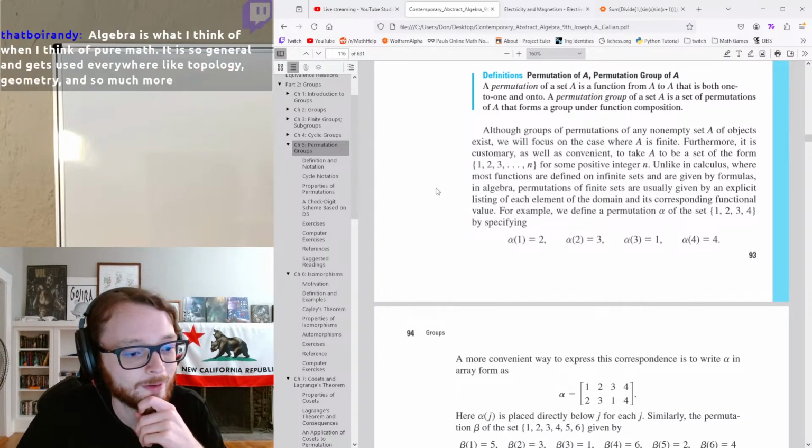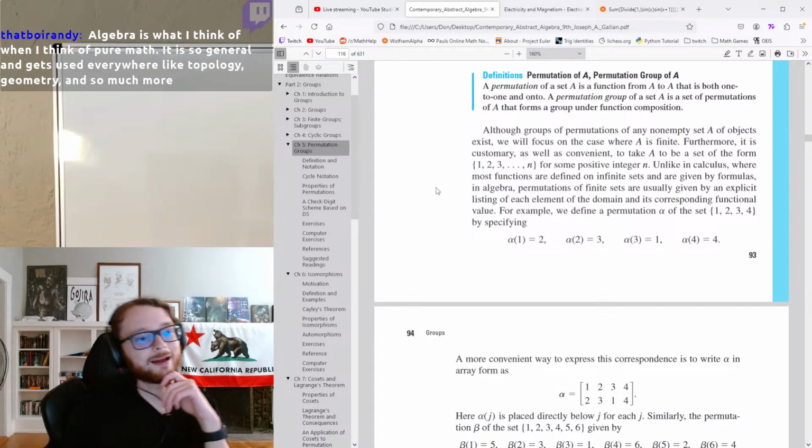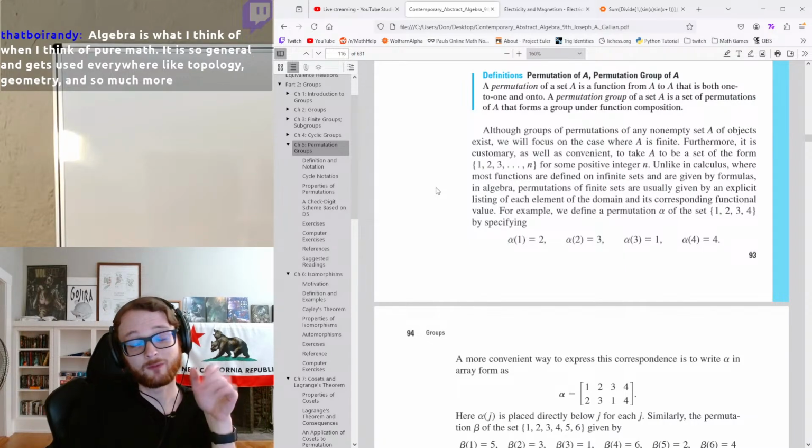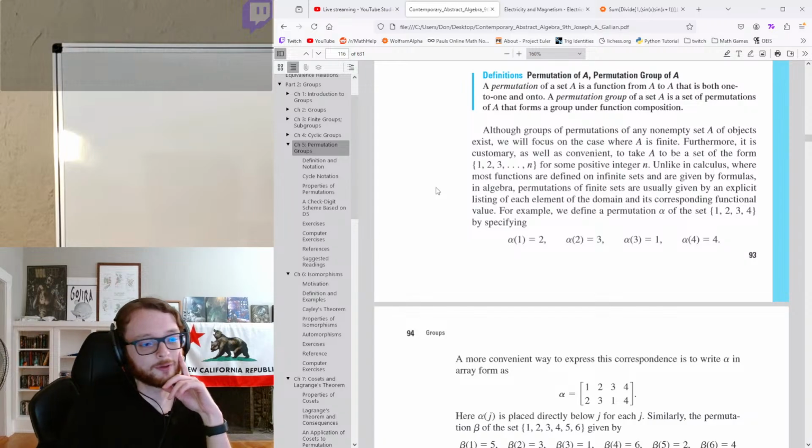That's what I think of when I think of pure math. Yeah. Same here. I've heard a lot of the terms for like higher level math, and I don't have a very good understanding of what they all do, what problems they deal with, and things like that. But algebra does seem like at the heart of pure math.